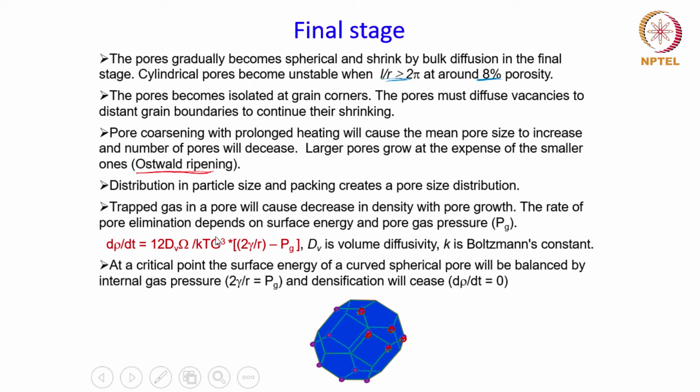Now if there is trapped gas in a pore, that will cause a decrease in the density with pore growth. Okay, the rate of pore elimination depends on the surface energy and the pressure of the gas which is trapped. Okay, and this is given by an equation like this, what you can see over here.